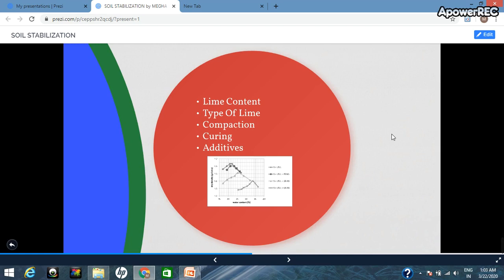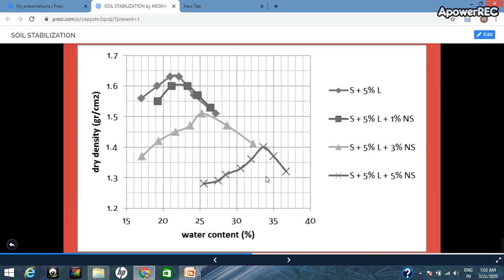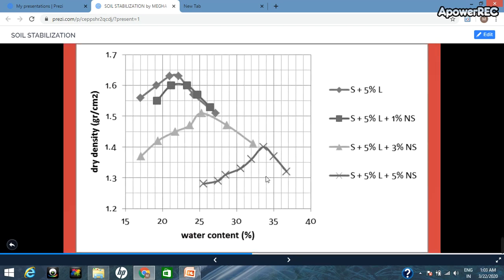Curing and additives. This is a graph which is showing the change in compaction, or the change in strength of the soil, which you can observe with varying percentage of lime. The first one is showing soil plus 5% lime.